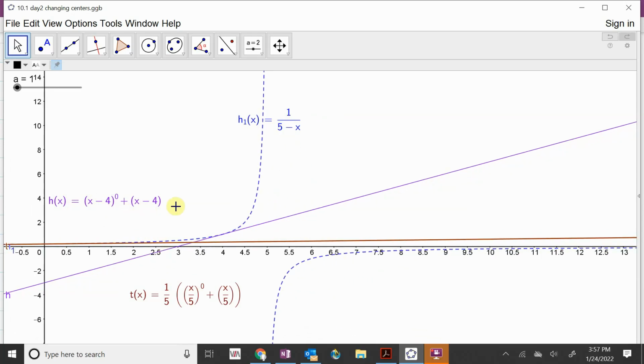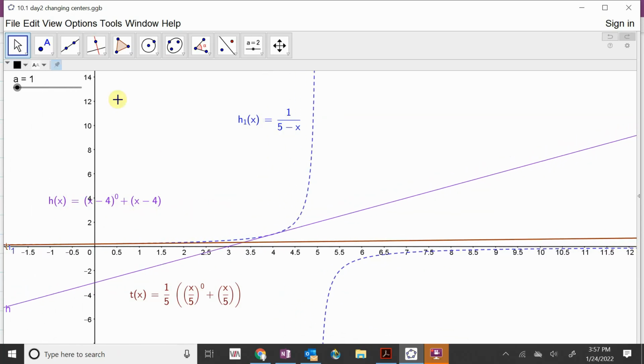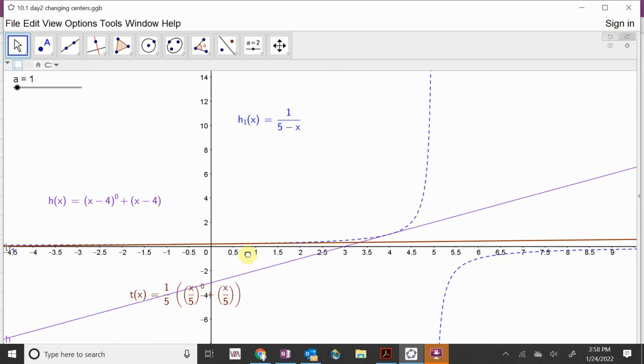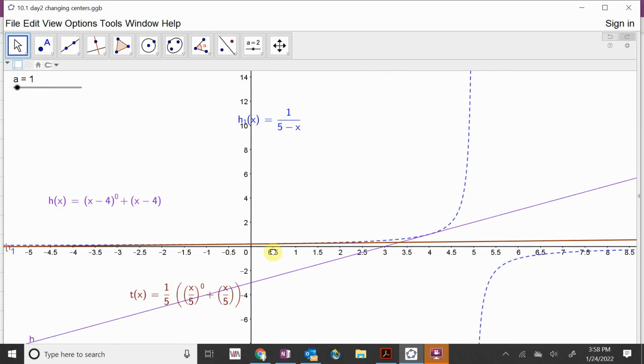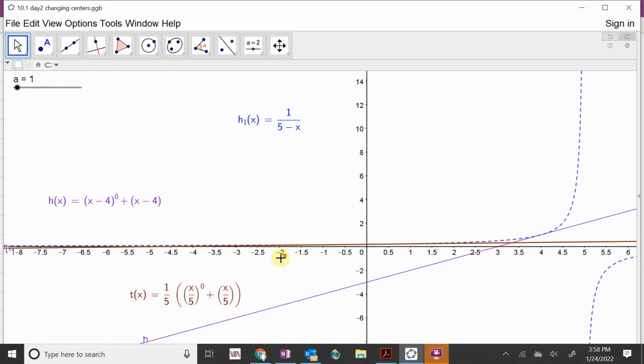And as this increases, that's really what we should see. We should see that the purple one is fitting near 4 on its interval of convergence, and the brown one here should be centered here about 0, and we should notice its interval of convergence as well.